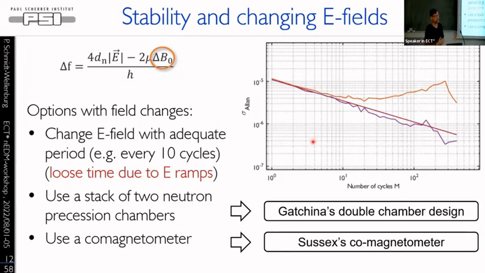And so there were 2 ideas essentially what to do about that already in the 70s. And one was in Gatchina, build a double chamber. So you have 2 chambers which measure the same magnetic field. And the other idea was to have in the same chamber 2 species which measure the same magnetic field. And in both cases, you kind of can normalize this drift. And then you get this violet curve, which is following the statistical sensitivity.